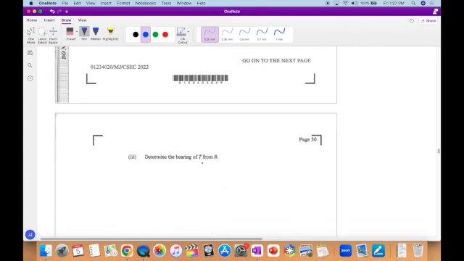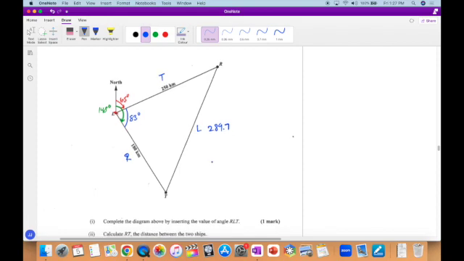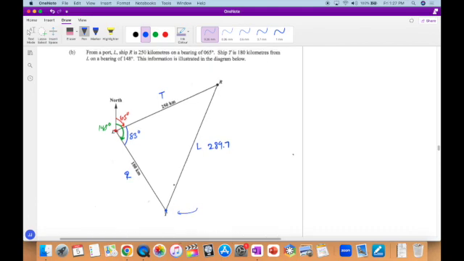Determine the bearing of T from R. So from R, right? Remember, you have to draw your north line. Remember, north lines are parallel.